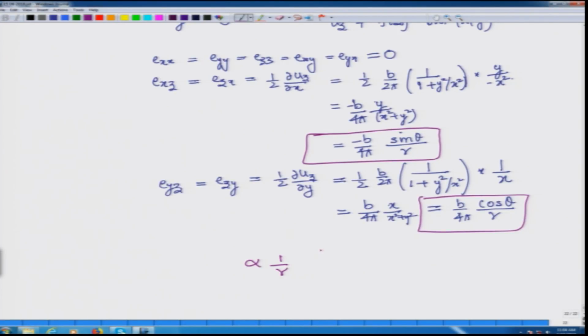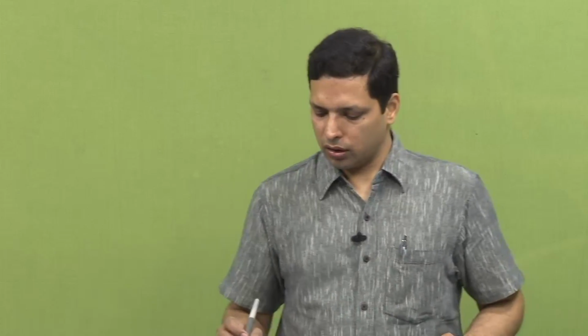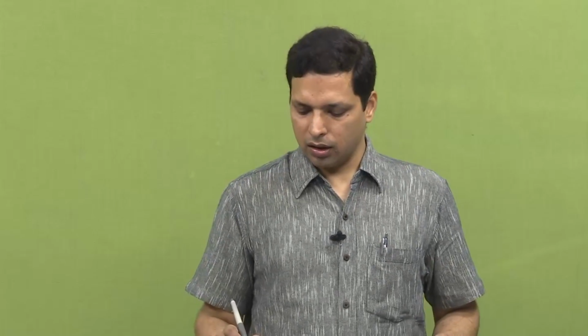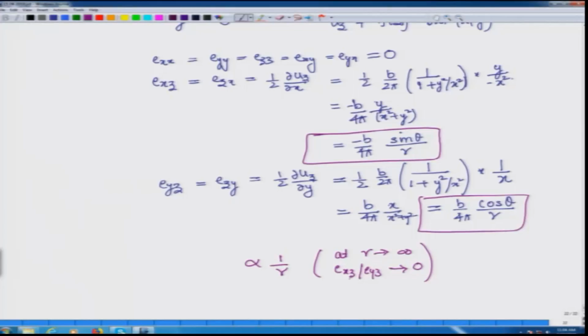What it means is that at very large distances, at r tending to infinity, your Exz or Eyz will tend to 0. Now, this is a characteristic that we associate with dislocation, not with disclination, which is the other kind of defect. So, we can see that even mathematically we obtain that at r tending to infinity we get Exz and Eyz tending to 0.